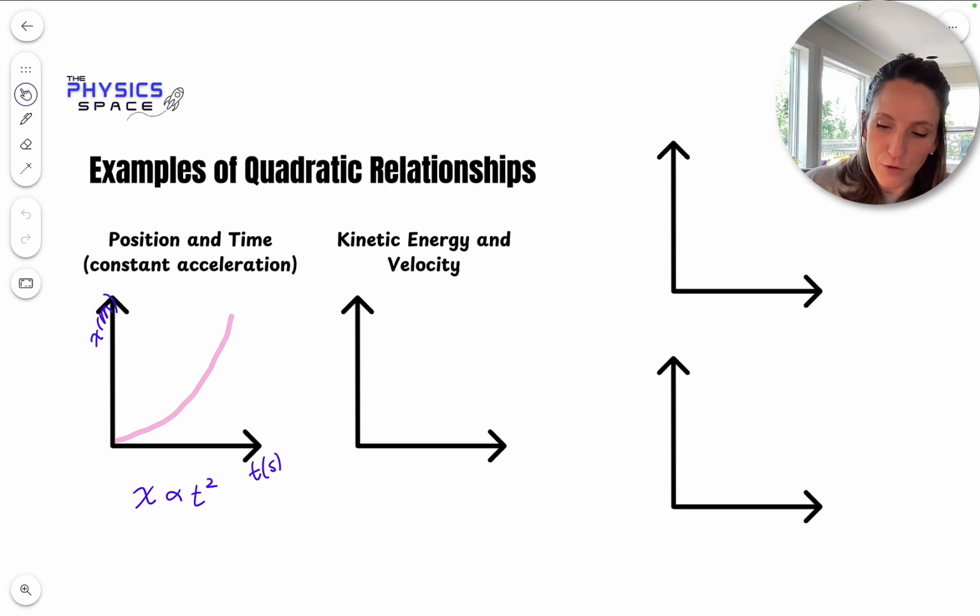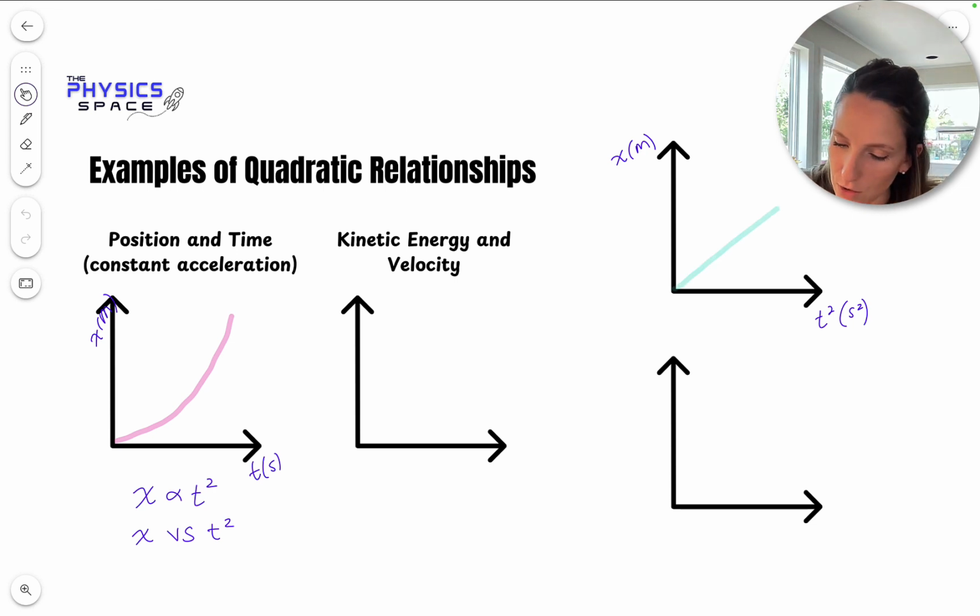So if I were to graph position versus time squared and put, again, position on the y-axis and time squared, the unit for that would be second squared, on the x-axis, that is going to give me a linear graph. So I have linearized a position in time graph by graphing position versus time squared.